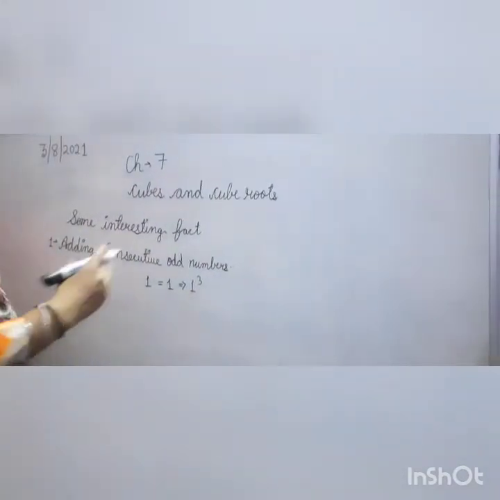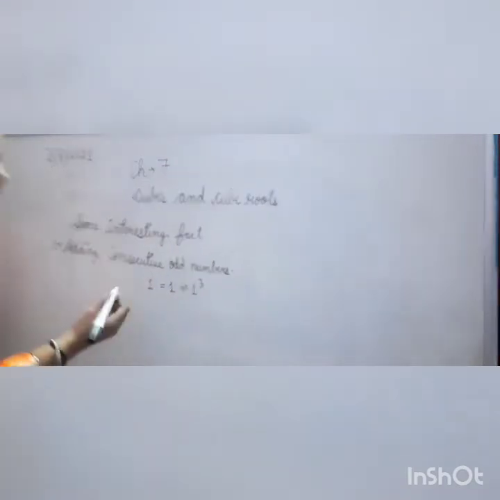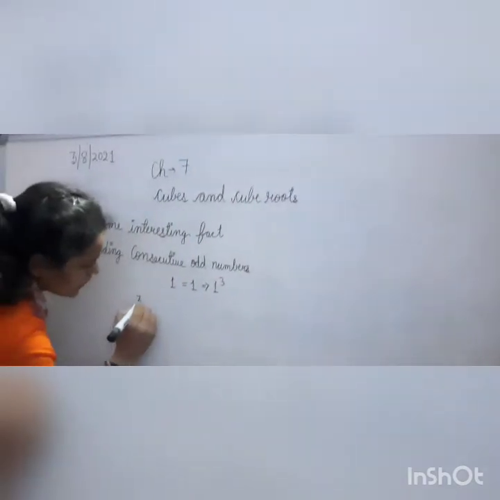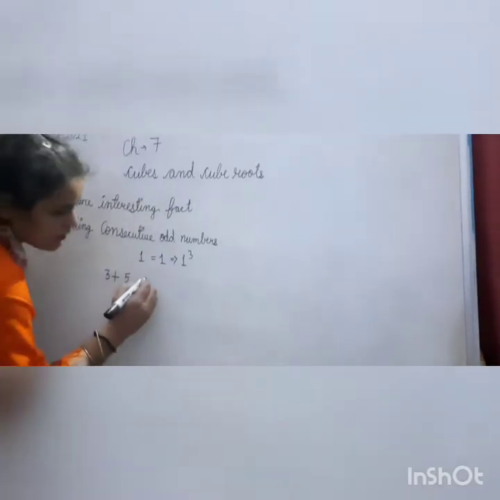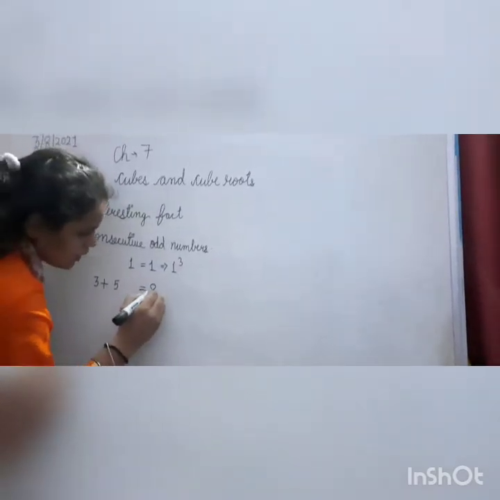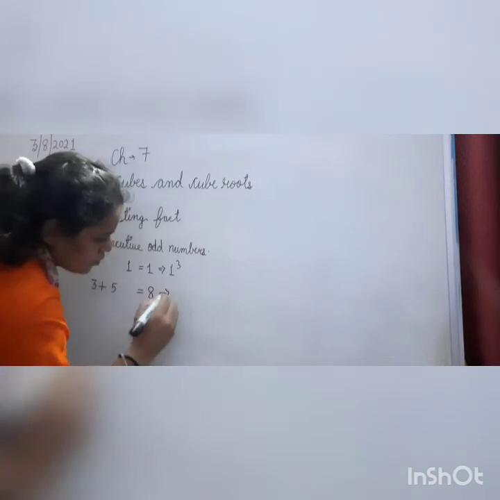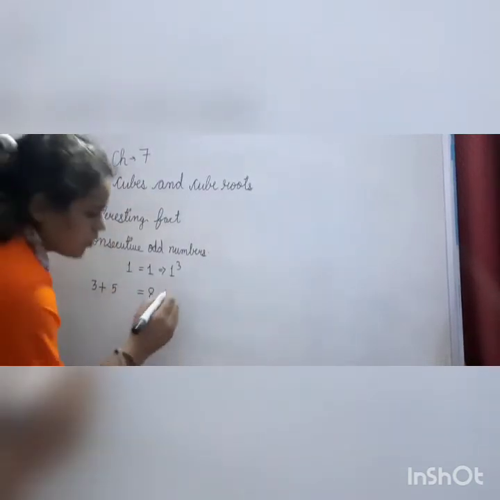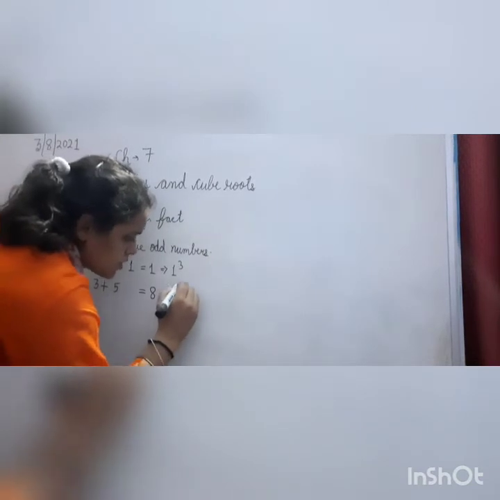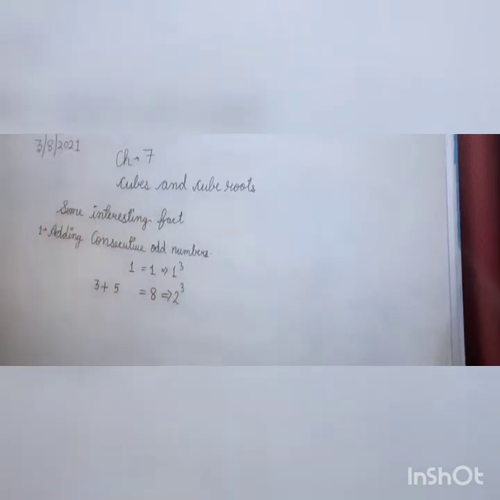Now you have to follow, the next odd number is 3. Next is 5. Now you have to add 3 and 5. It equals 8, and you know that 8 is the cube of 2. So it is 2 to the power 3.